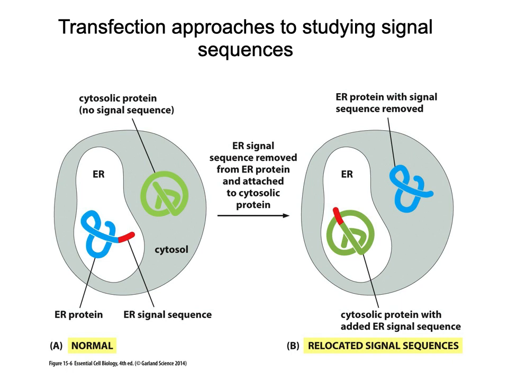And maybe we've even coupled this with a GFP protein or something. And when we go to look for our cytosolic protein, because it has the ER signal sequence of KDEL, it now moves into the ER, where because our ER protein no longer has the signal sequence, it's now found in the cytosol.